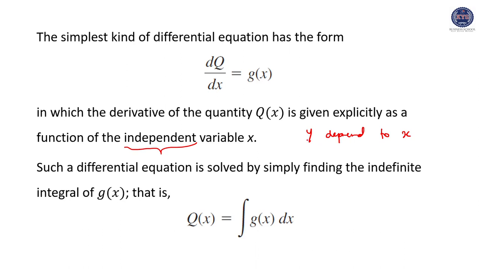Such a differential equation is solved by finding the indefinite integral of g(x), that is q(x) equal to capital Q equal to the integral of g(x) dx. Meaning, in order to change from this differential equation to Q, you have to integrate g(x) dx.